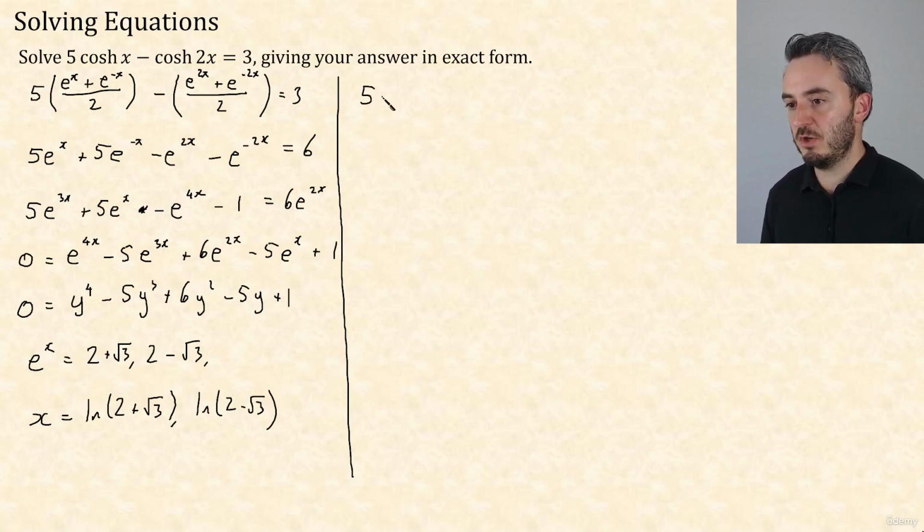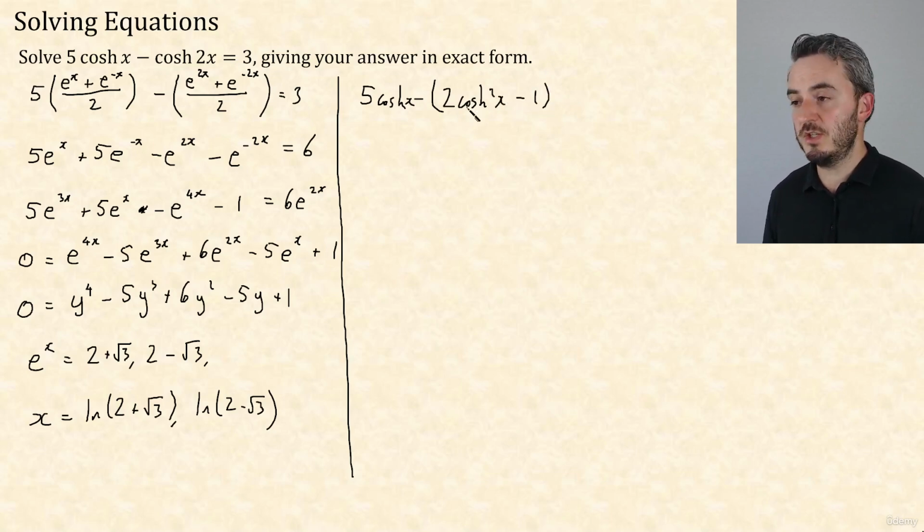So 5 cosh x I'll keep, but cosh 2x I'll use an identity. Now which identity? Well, let's use the one that converts it all into cosh x's. So that's 2 cosh squared x minus 1. No need for any Osborn's rule changes because there's no sine squared x's there.